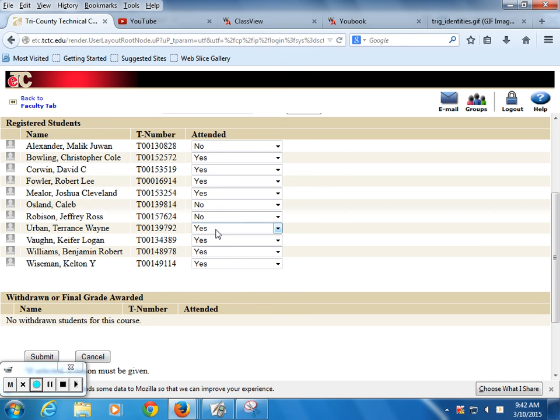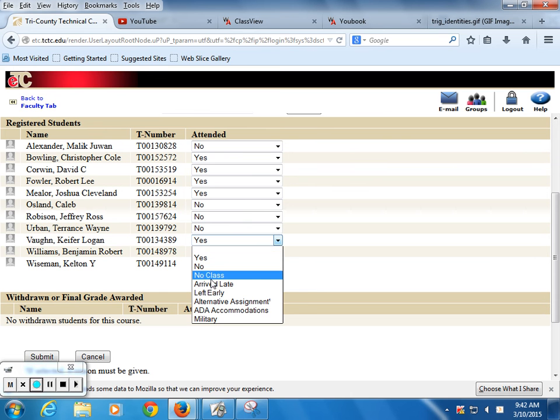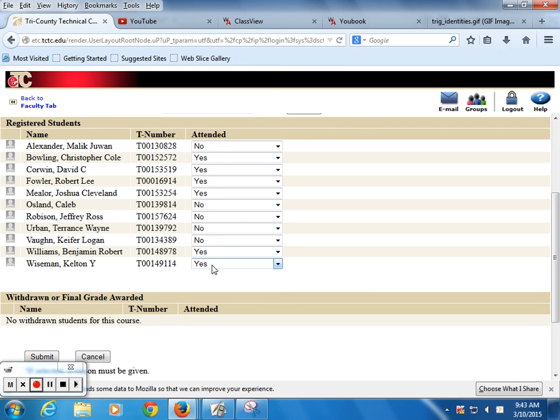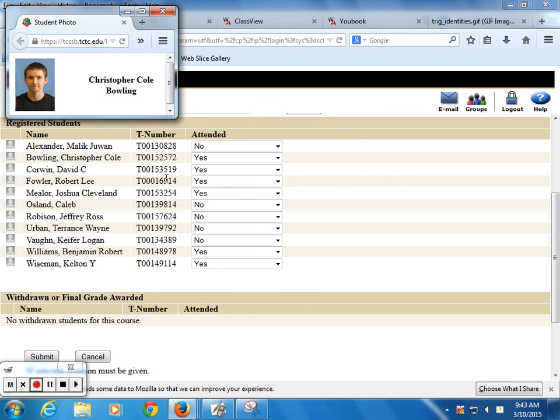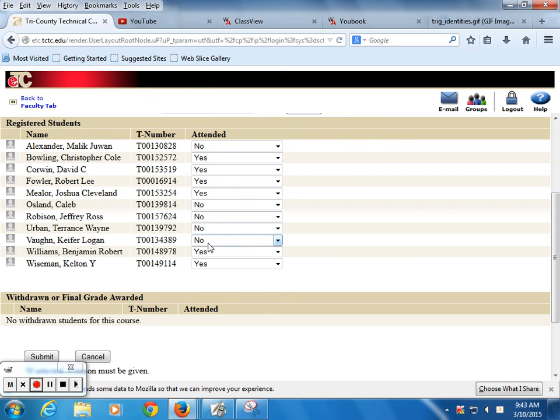Urban, not here. Vaughn, Williams, and Wiseman. One, two, three, four, five. Got five missing today.